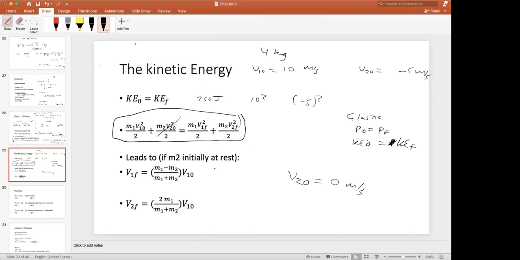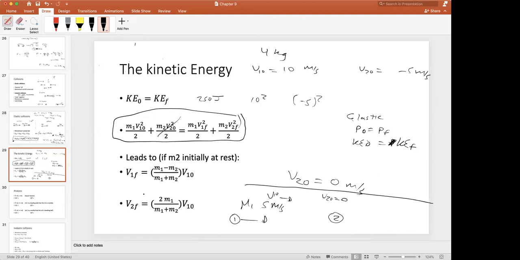In practice, we'll just start in that rest frame. So imagine that M1 is traveling at 5 meters per second to the right, and M2 is initially at rest, right? I'm not going to put in masses, but let's say this is the case. This is V1 initial and V2 initial is 0. What we want to know is once they collide, what is the final velocity of either one of them?